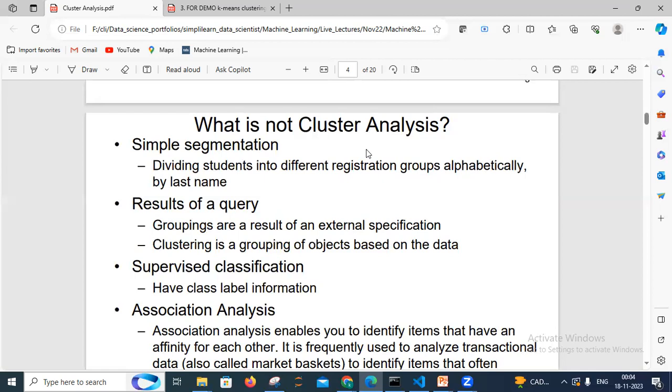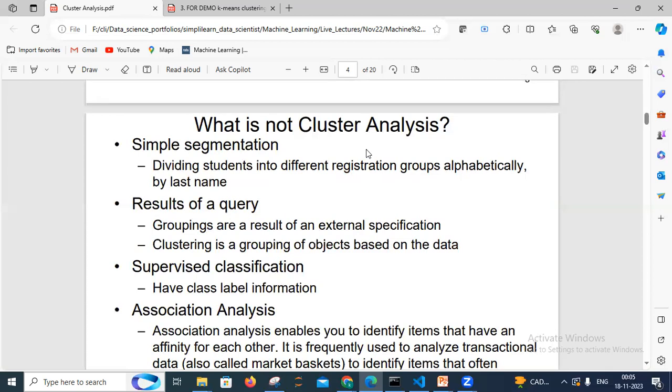Simple segmentation is one example. Segmentation is also dividing into parts, right? For example, dividing students into different registration groups alphabetically by last name. This is simple segmentation, but it is not cluster analysis and does not come under it. We are dividing, but it is not a cluster. Clusters are a different thing, segmentation is a different thing.